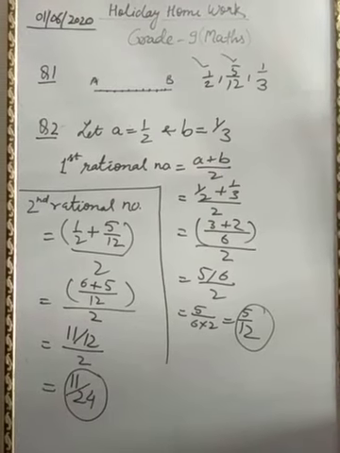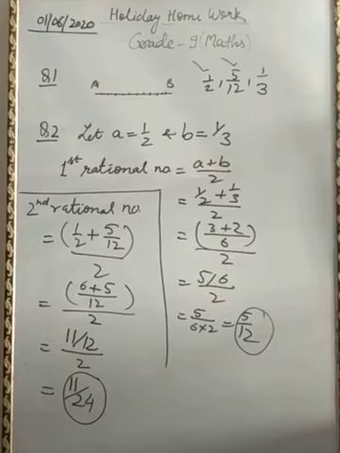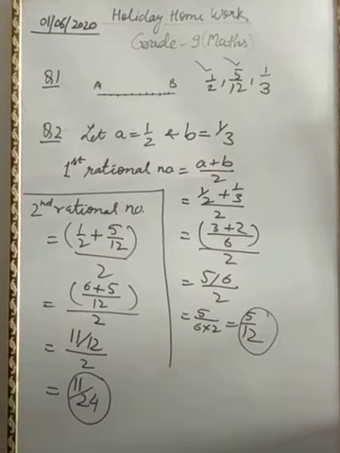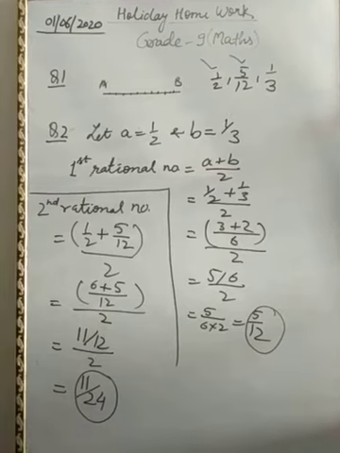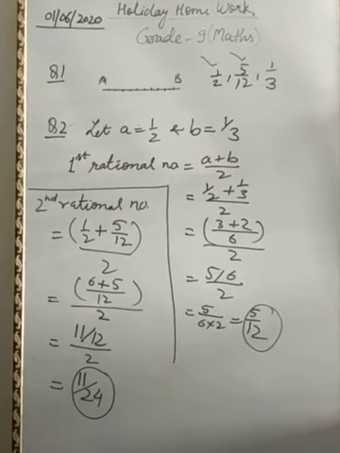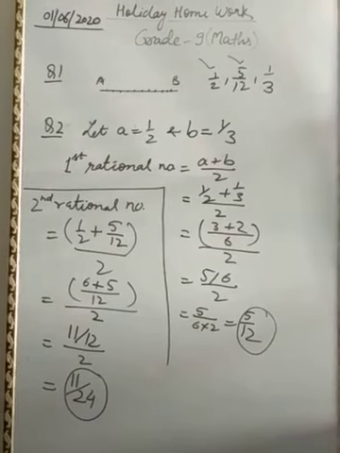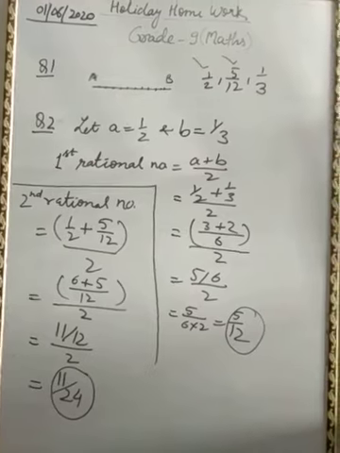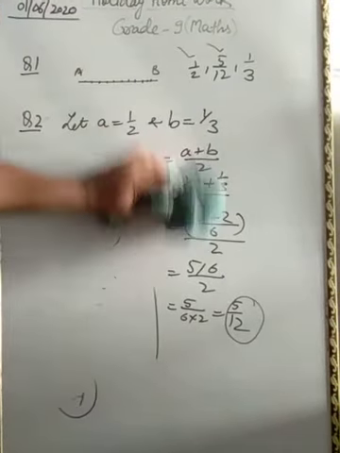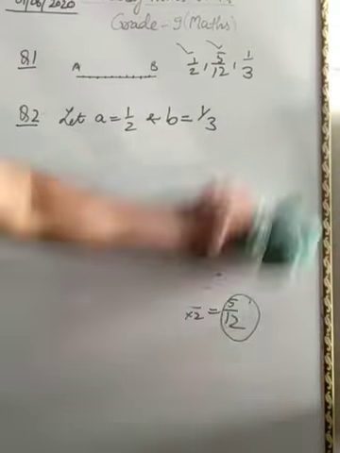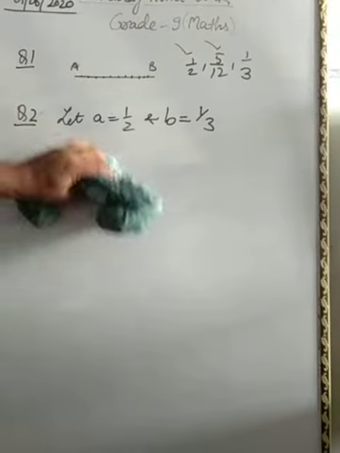Any query? I think no, because things are very simple and clear, and that is in front of you. Let's move to the next part. We need to find irrational numbers between the two given numbers, 1 upon 2 and 1 upon 3.